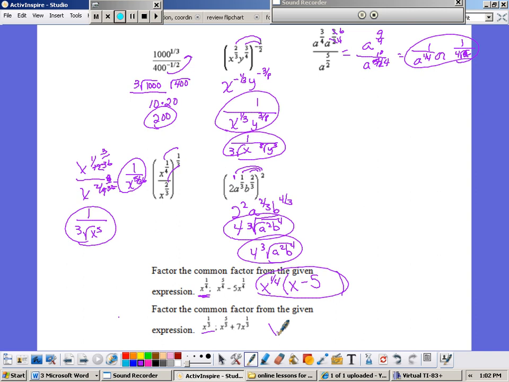Take out x to the 1/3. 5/3 minus 1/3 is 4/3. X to the 1/3 minus x to the 1/3 is 1 plus 7. Remember, when you're taking out in a distributive property, you're dividing. If the bases match, you subtract the exponents.